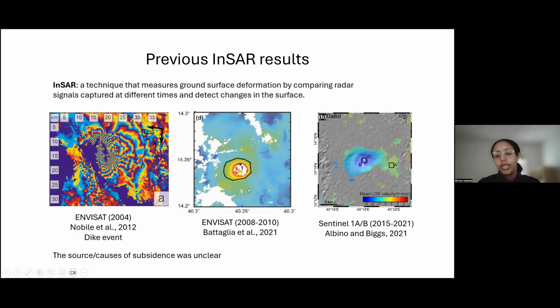And in 2008, subsidence again happened at the center of Dallol, as you can see in the middle part of the image, and to the right, you can see another subsidence InSAR image between 2014 to 21. However, the subsidence cause was not very clear.